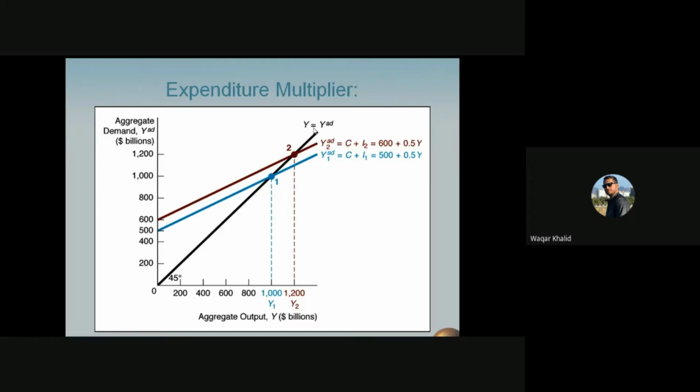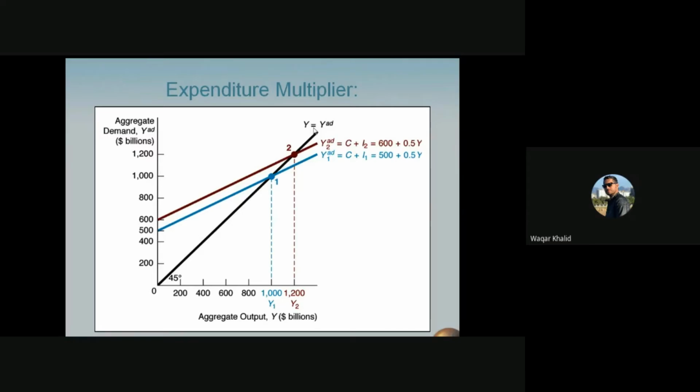Now, aggregate demand equals output at the intersection of Y2 AD with the 45 degree line, where Y is equal to YAD. The new aggregate demand curve intersects the aggregate output line, which is the black line, at point 2. So as a result of the 100 billion increase in planned investment expenditures, equilibrium output rises by 200 billion, from 1000 to 1200.